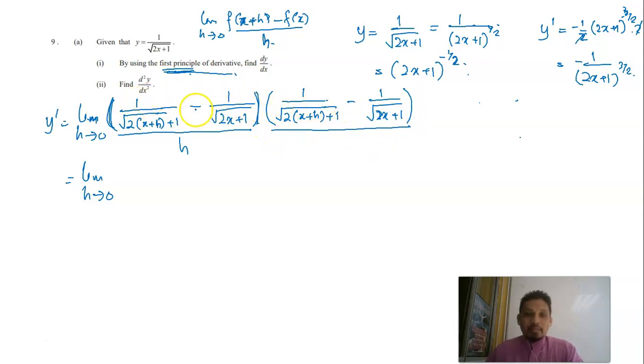The minus becomes plus here. So we also have 1 divided by the square root of 2x plus h plus 1, plus 1 over the square root of 2x plus 1.